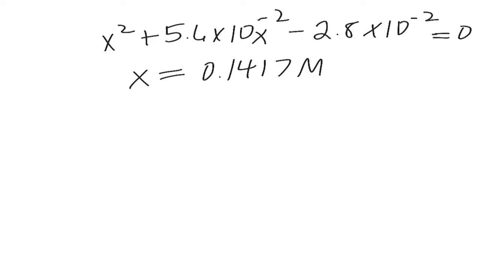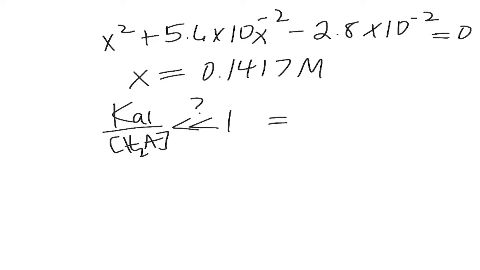So we check whether Ka1 over the starting concentration of H2A is much less than 1. And in fact, what we get for the ratio is 0.112. This is when we can use this trick.